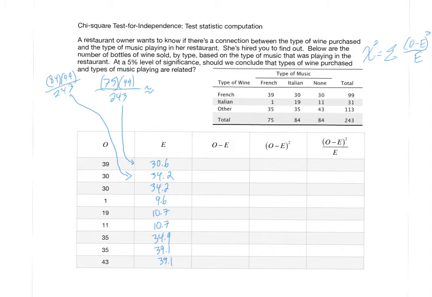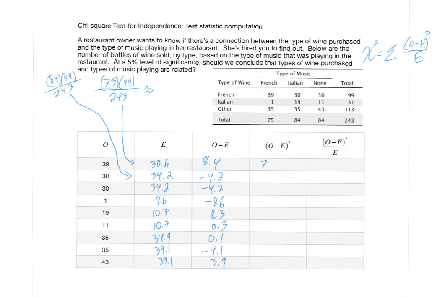Let's run through this computation. So the O minus E's, we get 8.4 here, negative 4.2 here, negative 4.2 here, negative 8.6, 8.3, 0.3, 0.1, negative 4.1, and 3.9. Then if we square all these numbers, we'll get these ones here.